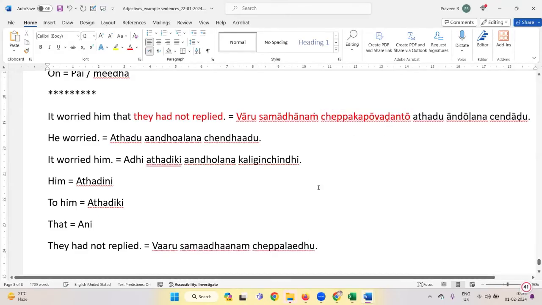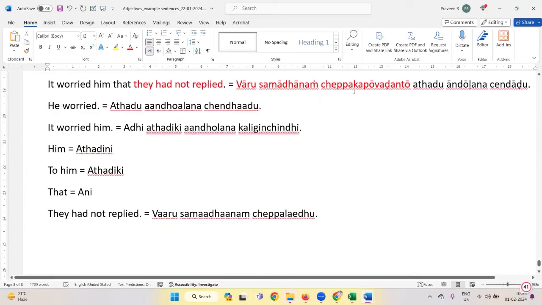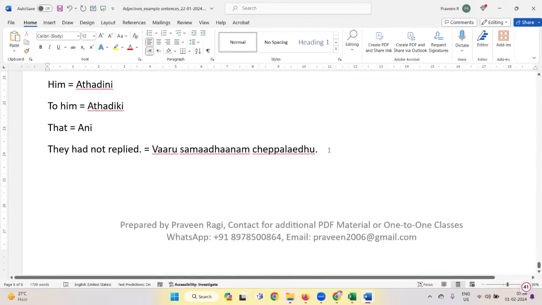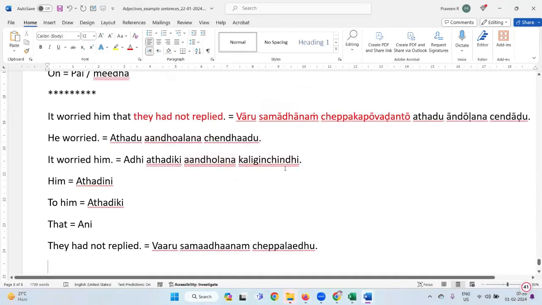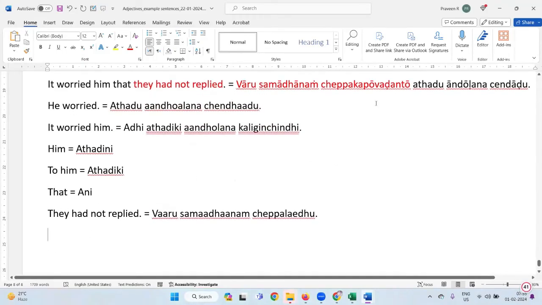Okay, so here why we use this one? This is like చెప్పకపోవడంతో. So here the structure is like this, Andy.